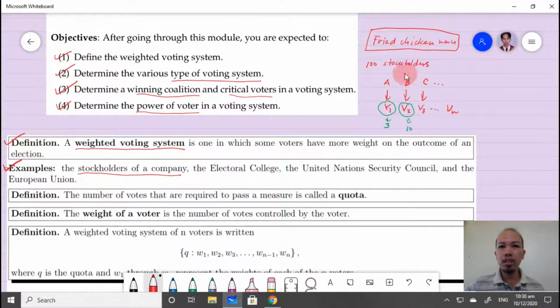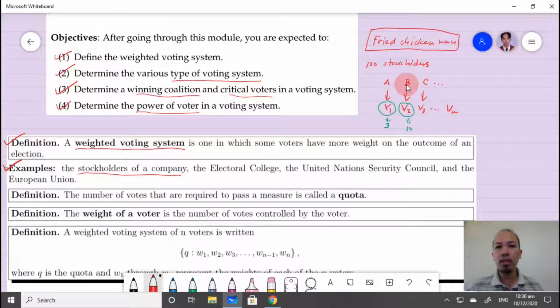For the first stockholder, example V1, he has 3 shares. For example, every share costs 20 pesos, or every share costs 100 pesos, that way. So this V1, voter or stockholder V1, or stockholder A, has 3 shares.